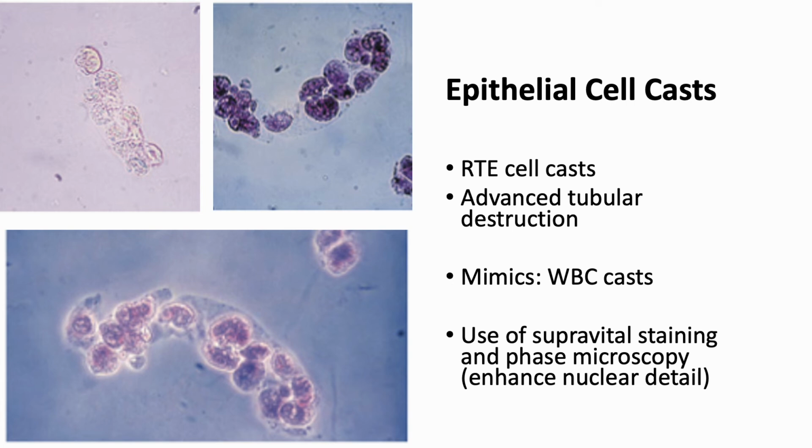The epithelial cell cast can accompany the presence of WBC casts in cases of pyelonephritis. However, the WBC cast is a common mimic of the epithelial cell cast. Hence, supravital staining and phase microscopy can be used to enhance the nuclear detail and assist in distinguishing the two.